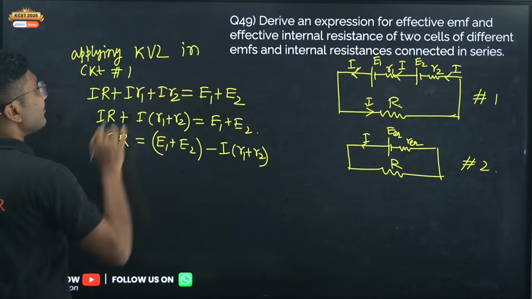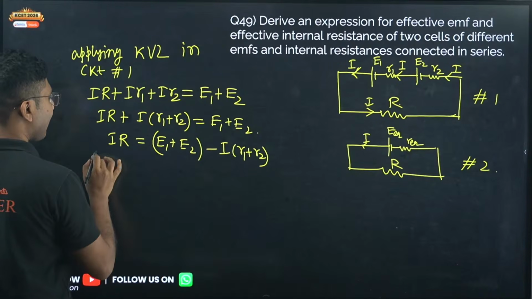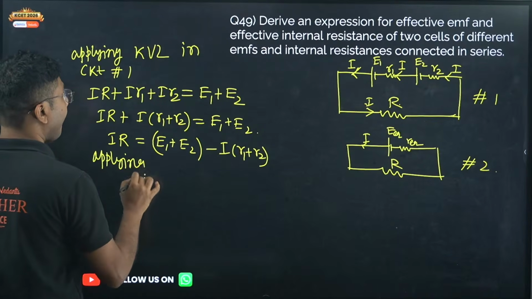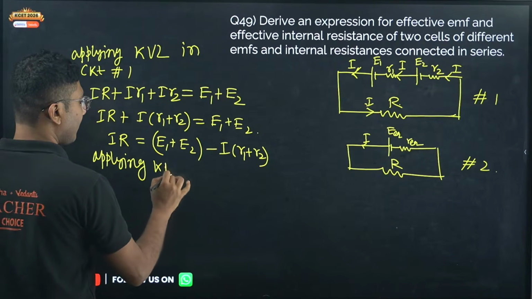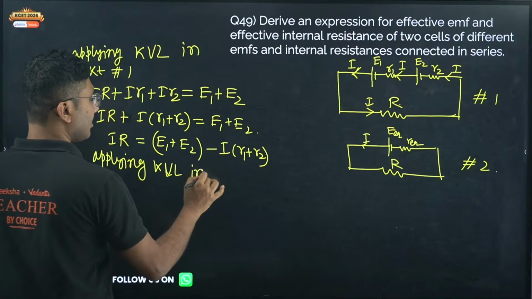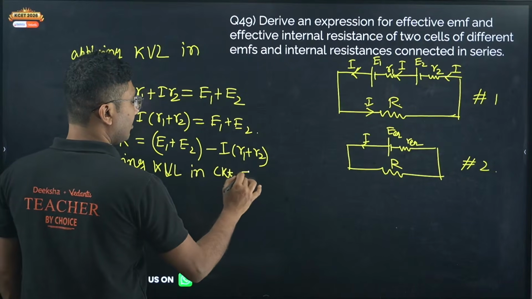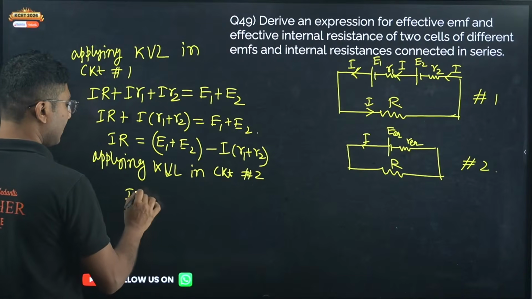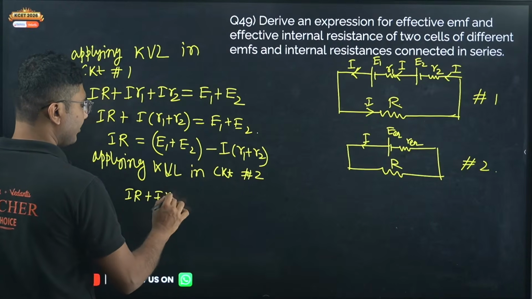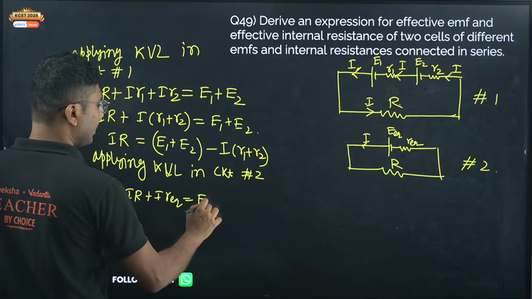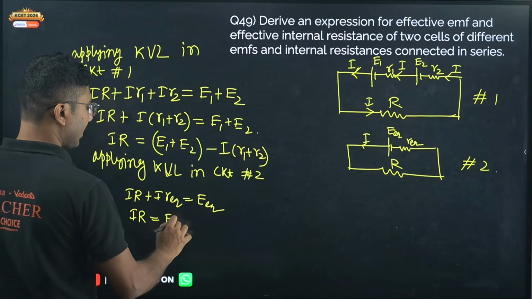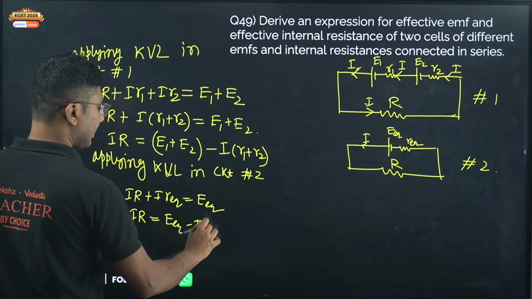So applying KVL in circuit number 1, we get this. Applying KVL in circuit number 2, we get IR plus IR equivalent equals E equivalent, or IR equals E equivalent minus IR equivalent.